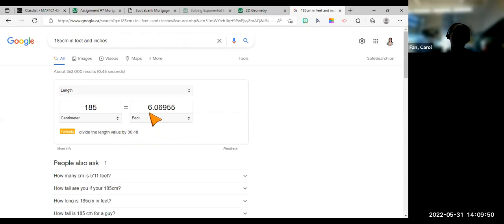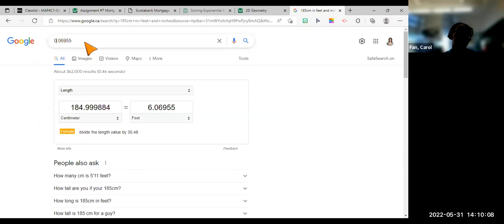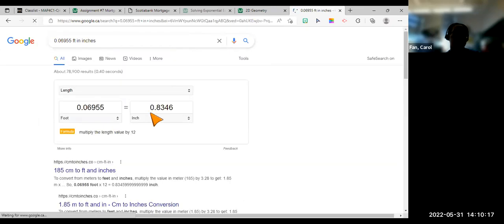Okay, we got the same answer that we did, 6 feet, and then there's this. Now I'm going to convert this to get the centimeters as well. Yeah, this is feet in inches. Oh, okay, so almost 1 inch.